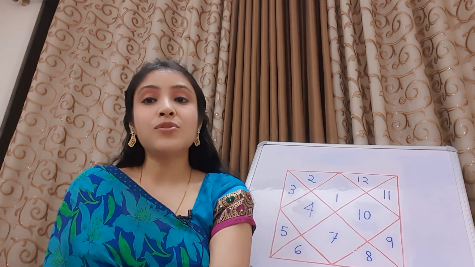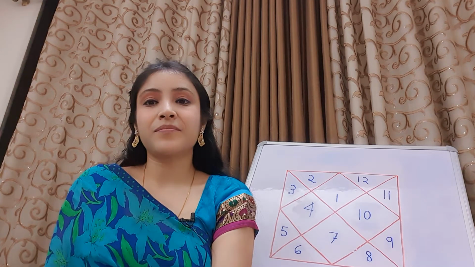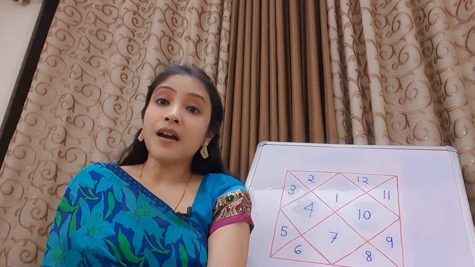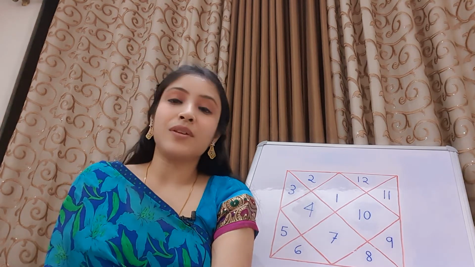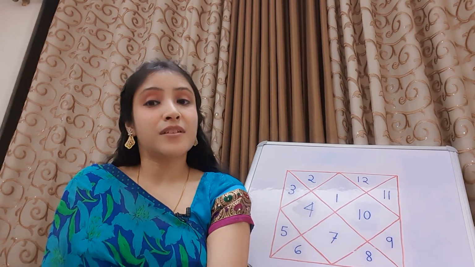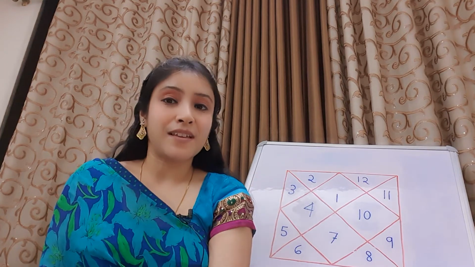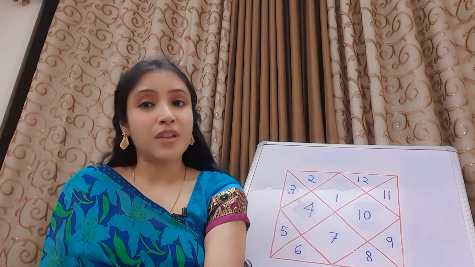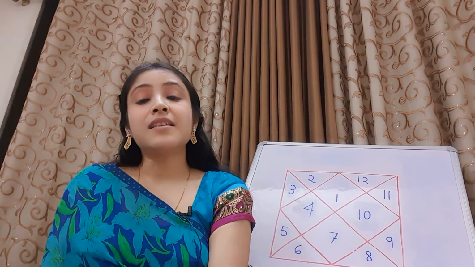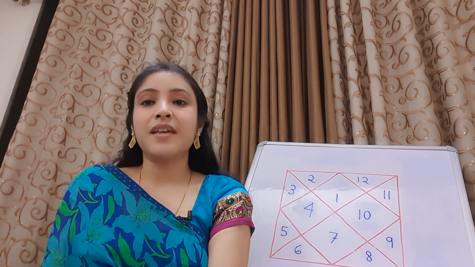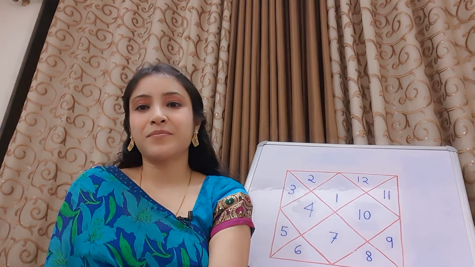It is also the house of the subconscious mind. The third house in the Kalpurush Kundli is ruled by Mercury, because it is the sign of Gemini, which is ruled by Mercury. And the significator of the third house is the planet Mars.